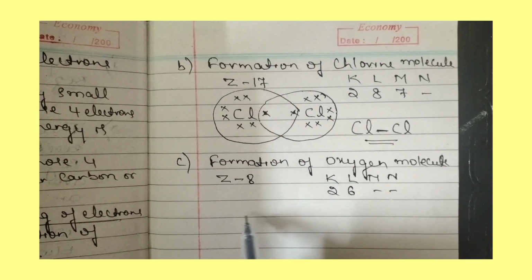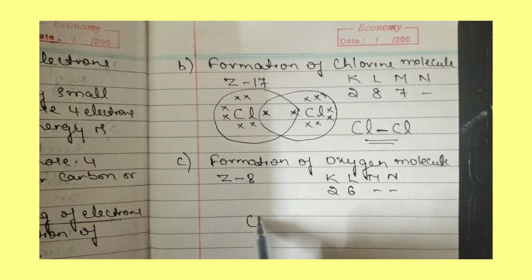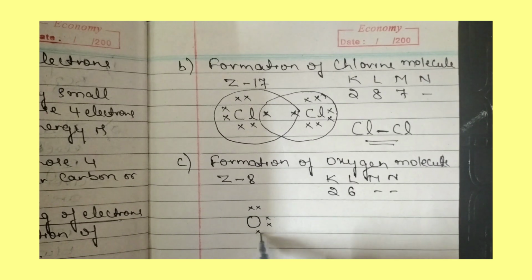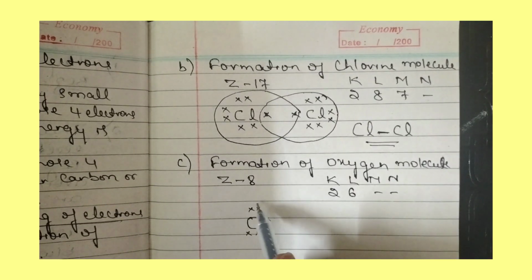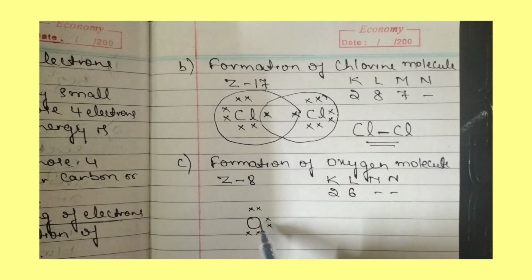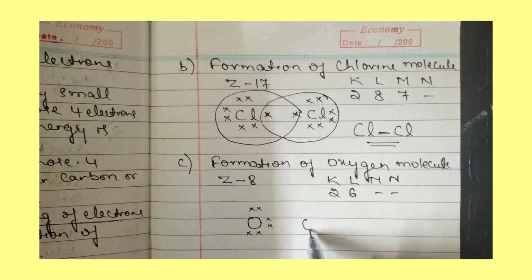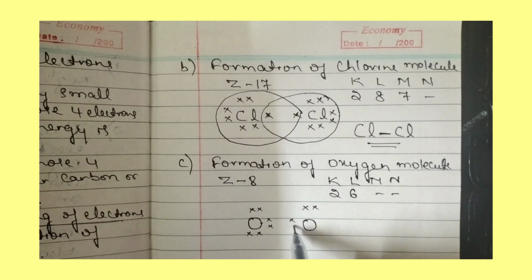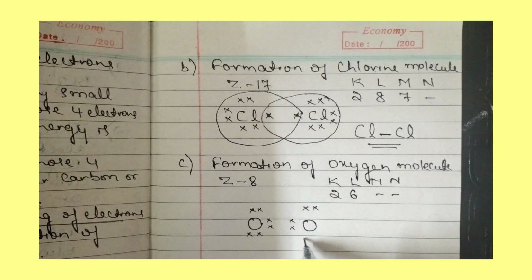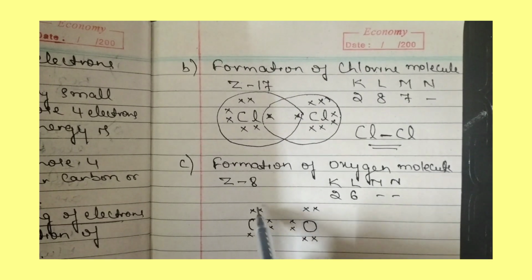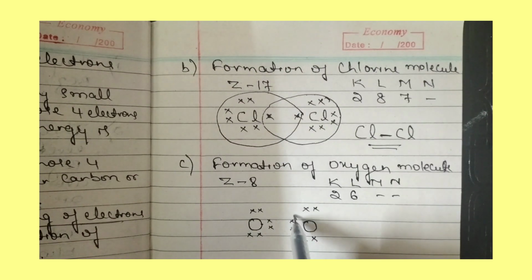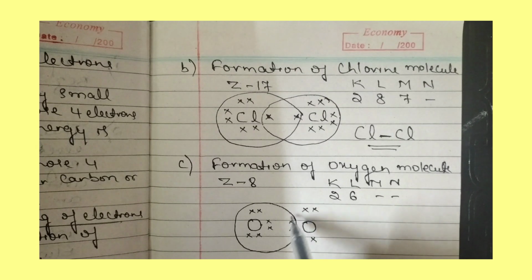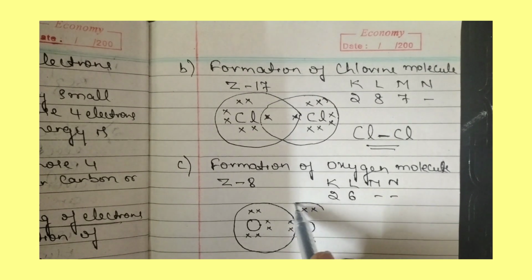So let us write it. I take one oxygen: 1 2 3 4 5 6. This is the valence electrons of one oxygen atom. This oxygen atom combines with another oxygen atom, 1 2 3 4 then 5 6. So 6 plus 2 is 8, and 6 plus 2 is 8.